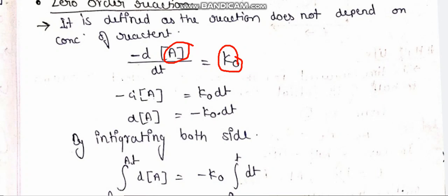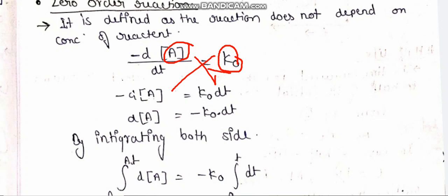If we cross multiply this equation, we will achieve minus dA is equal to K naught dt, and again dA is equal to minus K naught dt.